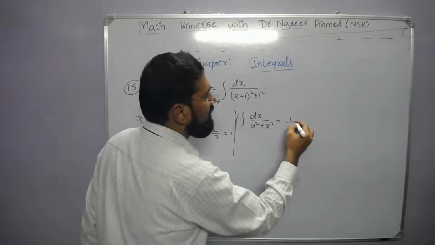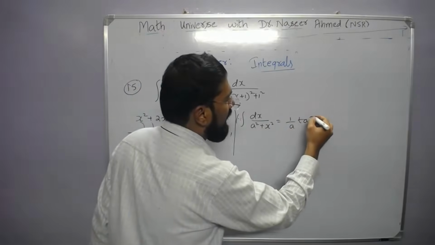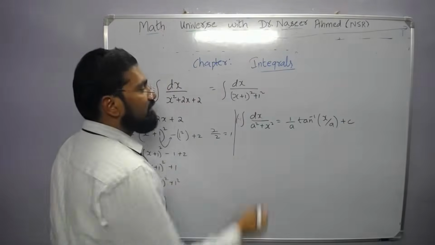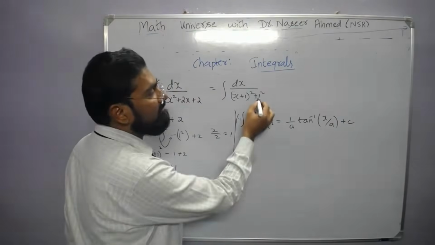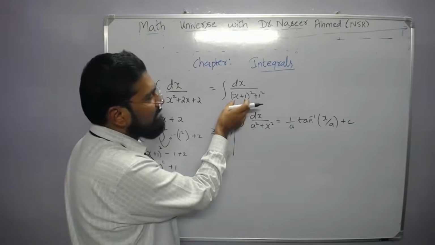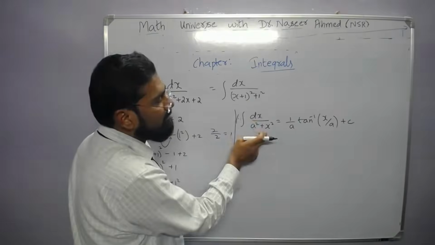What's the integration of this? 1 by a tan inverse of x by a plus c. So in place of a, the constant 1. You're not going to compare a equal to x plus 1. No, x plus 1 as a whole is the variable. Variable with variable, constant with constant.